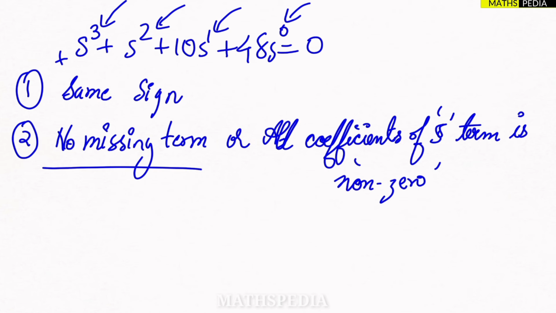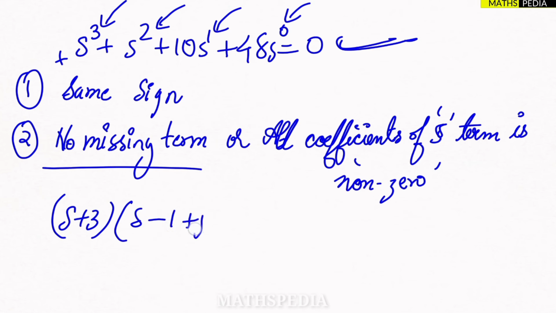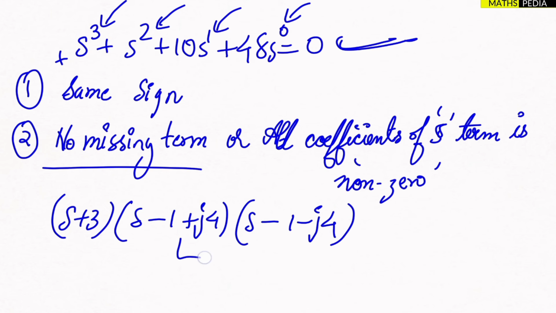But the problem comes here, we cannot directly say it is a stable system. When I analyze this equation by taking the roots, that means by solving it in the calculator, you will get it factored as s plus 3 into s minus 1 minus j4 into s minus 1 plus j4. These two are repeated roots we are getting.